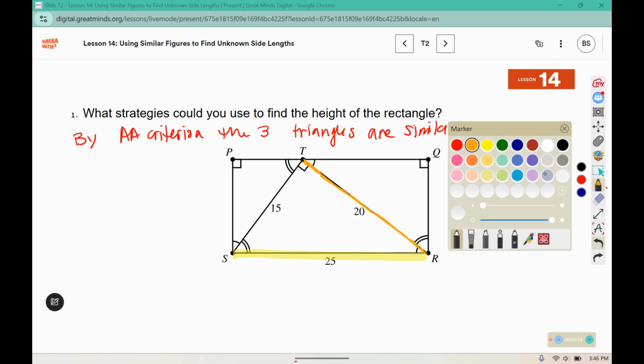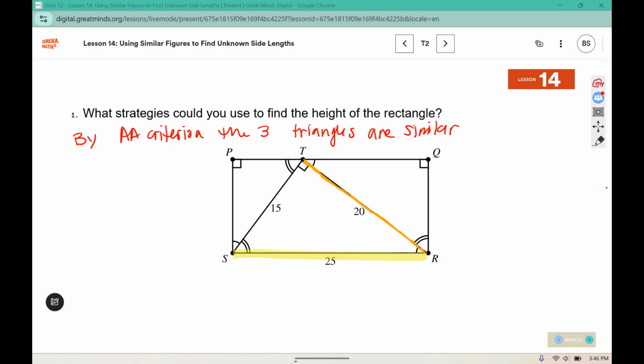And the side between the right angle and the one with 2 marks on the largest triangle matches up with the one between the right angle and the 2 marks here. So we can pair these together. My students like to put the big number on the top of the fraction and then the one from the smaller triangle underneath. And so the big one from here matches with 25, and then the one from the smaller triangle is 20.